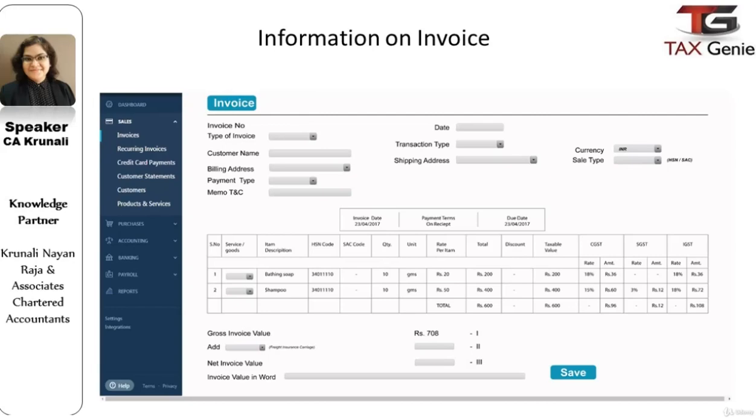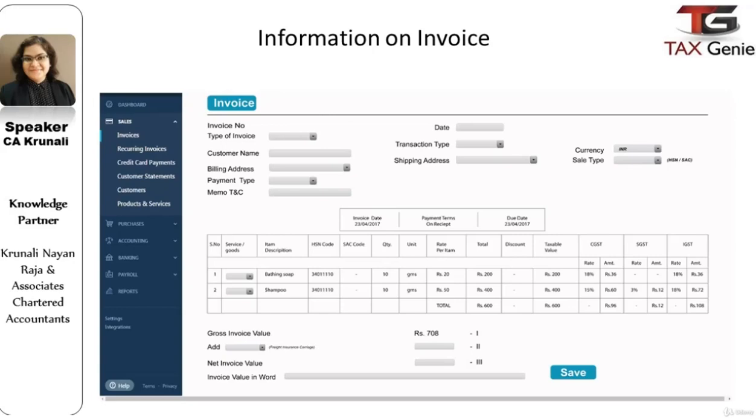Then it should have the details of place of supply along with the name of the state in case the supply is in the course of interstate trade or commerce. In case the place of delivery and place of supply are different, the invoice should mention the place of delivery.